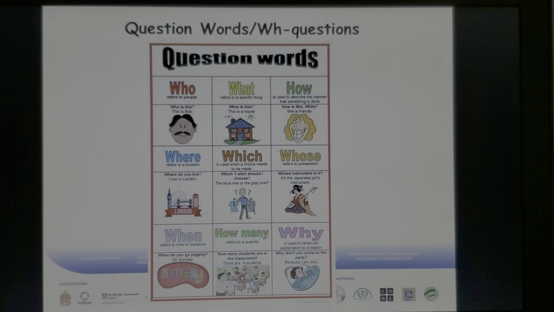So what are the question words? Question words or WH questions mean questions that start with WH. Who, what, how, where, which, whose, when, how many, why. Okay, something like that.